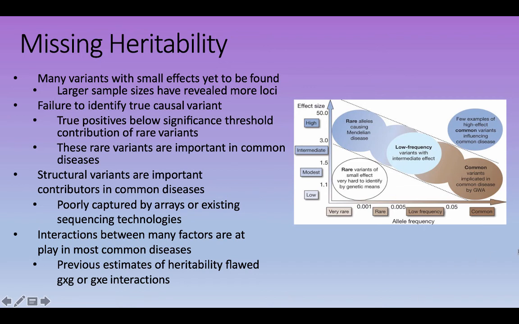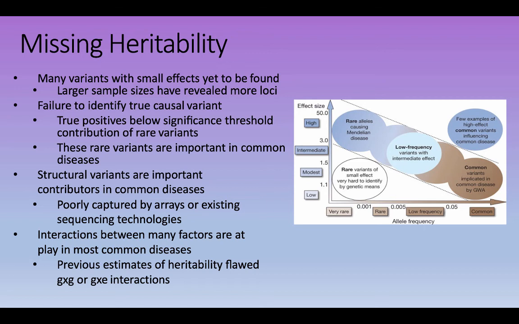So, we talked a little bit about how there's this kind of sweet spot where it's very effective to use GWAS to identify certain genetic relationships with traits, right? So there are certain conditions where this works well, but there are others where it doesn't.